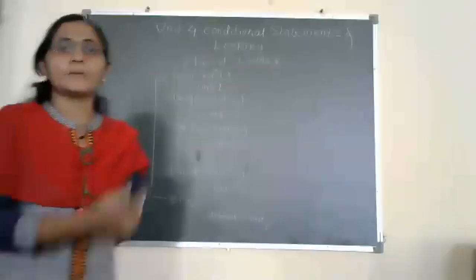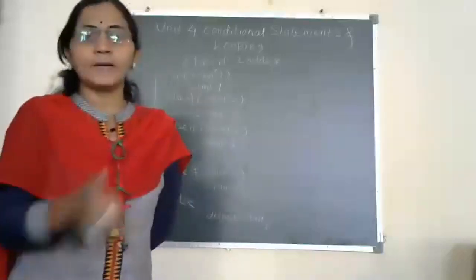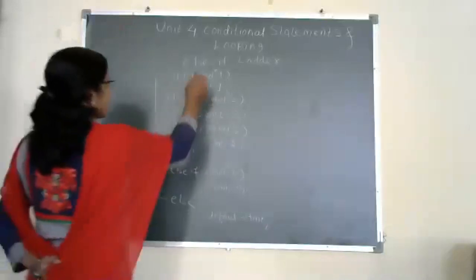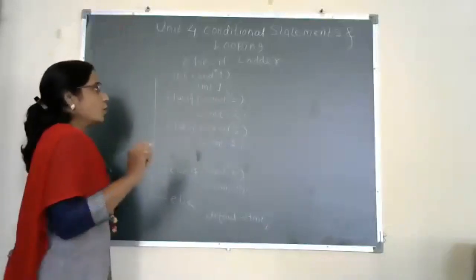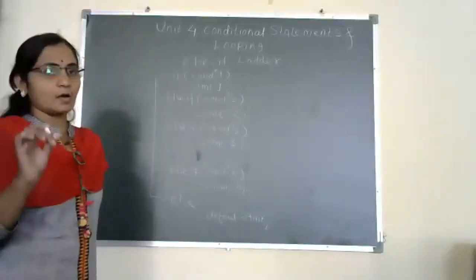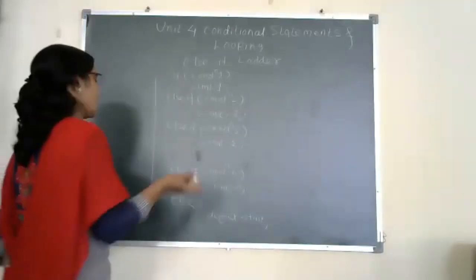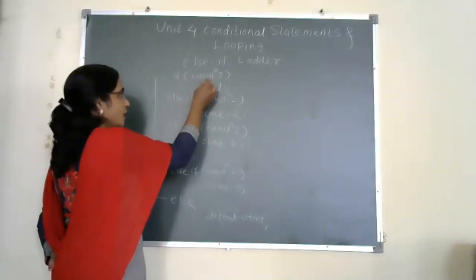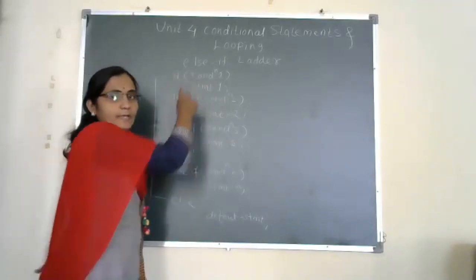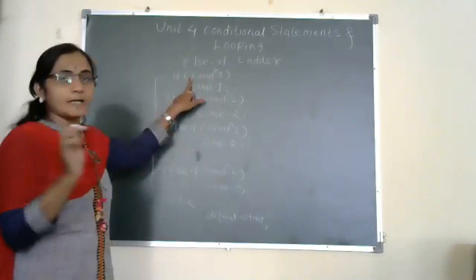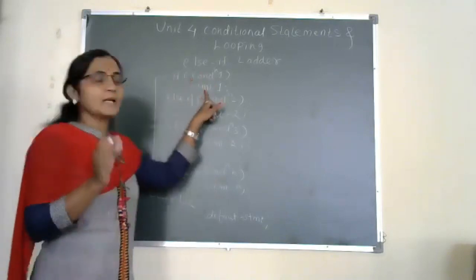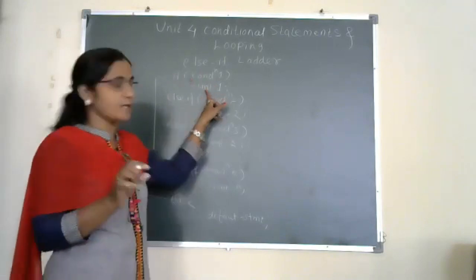So this is about the else if ladder. If you have multiple conditions and multiple alternatives, then you go for the else if ladder. What is the working of the else if ladder, how does it evaluate? First of all, condition 1 will be evaluated. If the result of condition 1 is true, then the statement 1 block will be evaluated.